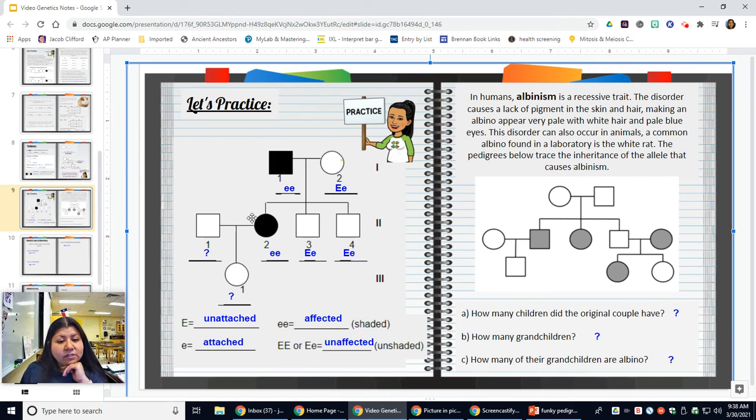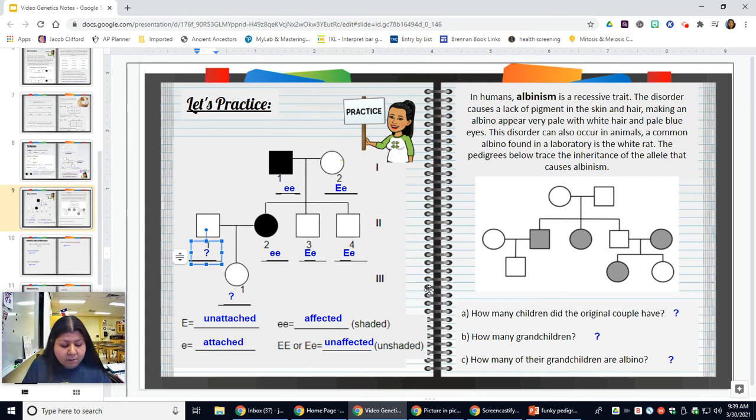So this girl marries a man, and we can see he's not shaded in, so we know he has at least one big E. But we can't tell what his second letter is, because his offspring is not showing a recessive trait; she's showing a dominant trait.